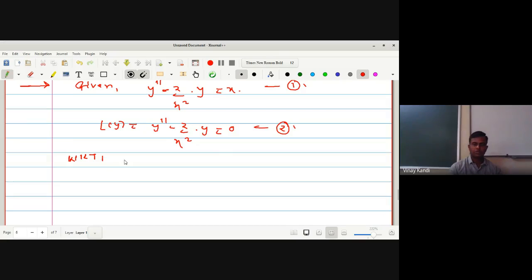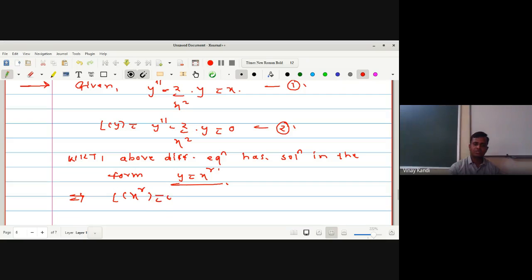we know that the above differential equation has a solution in the form y is equal to x raised to r, in this form, okay, which implies L of x raised to r is equal to 0.